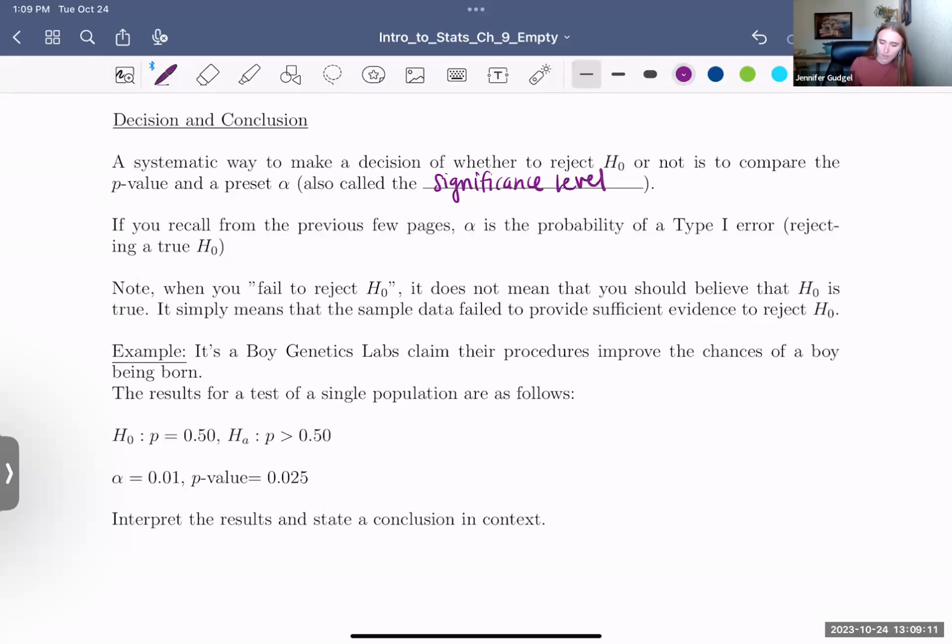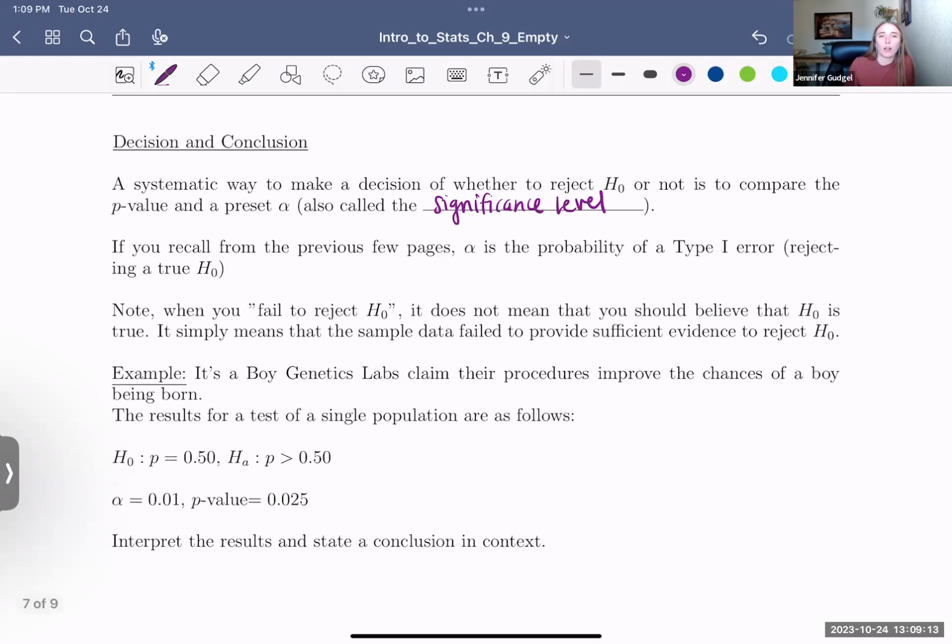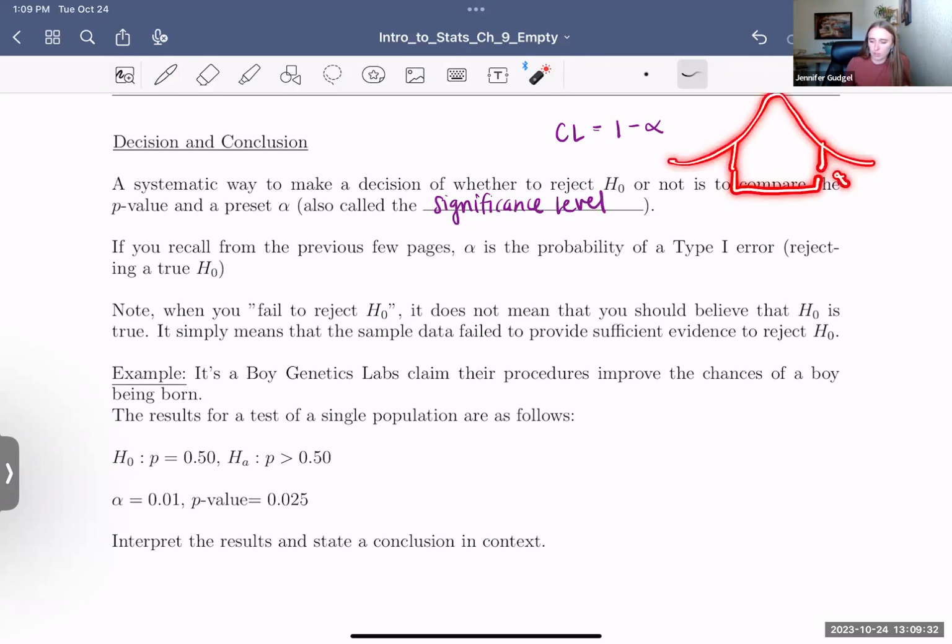And also remember, just while we're talking about alpha, alpha was that same value back in chapter 8. Was that only last chapter? I think it was actually the very beginning of chapter 8 where we had the normal curve and we were looking at the confidence level compared to alpha being split in two sides.